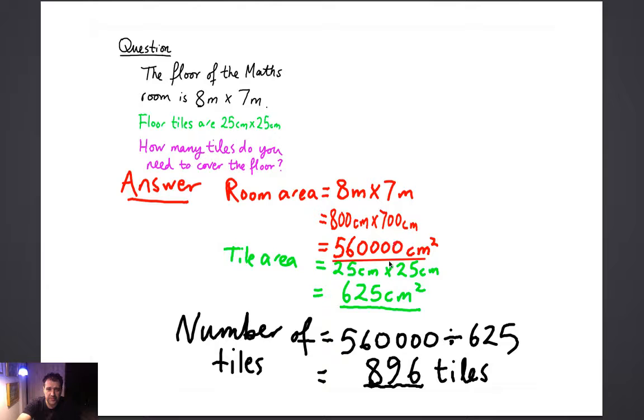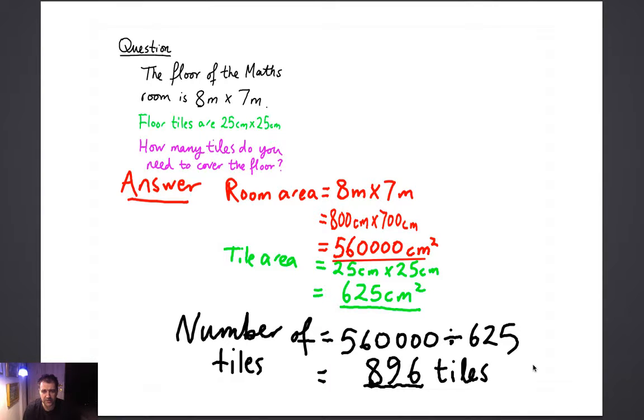I've converted that to 800 times 700 centimeters, which means that the area of the room in centimeters squared is 560,000. The area of a tile is 25 by 25. 25 times 25 is 625 centimeters squared. So the number of tiles is the area of the room in centimeters squared divided by the area of each tile in centimeters squared, and that comes out to be 896.